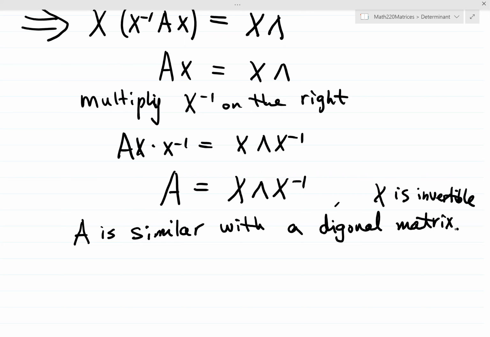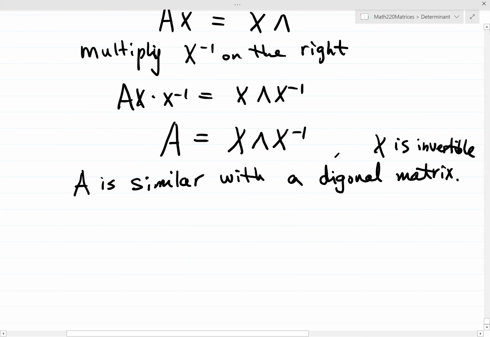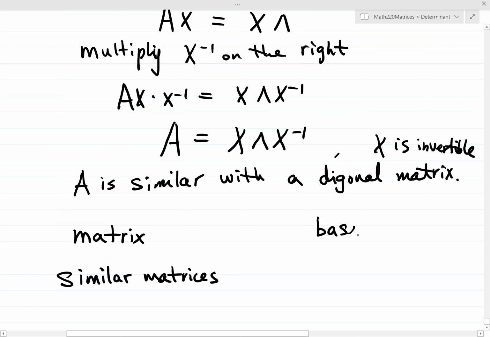Now this is the general principle. If you change bases, then at the matrix level, we have similar matrices. At the basis level, this corresponds to change of bases.